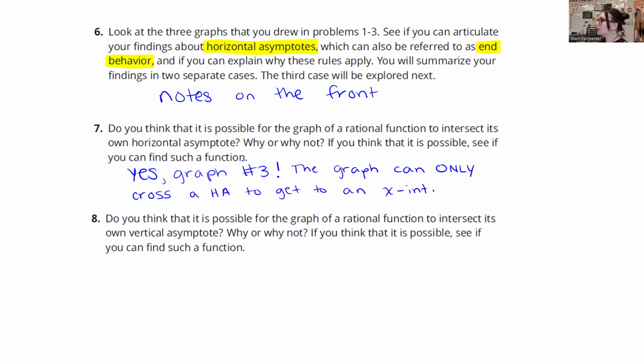Asymptotes are pretty strong. They will attract the graph, but your graph doesn't usually touch the asymptotes or cross them. But horizontal asymptotes are weak. You can penetrate the horizontal asymptote if and only if you have to get to an x-intercept. The next question kind of leads into the next question. Do you think it's possible for the graph of a rational function to intersect its own vertical asymptote?